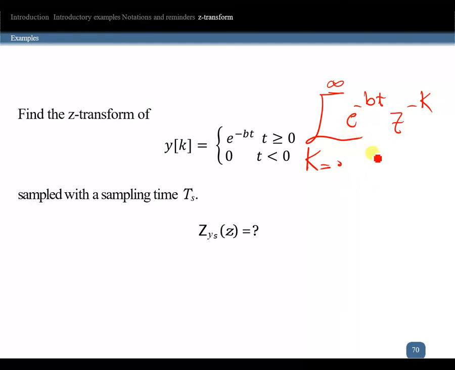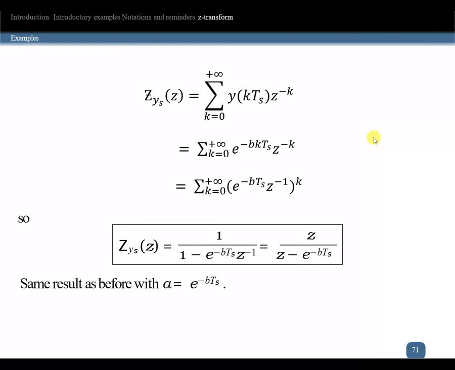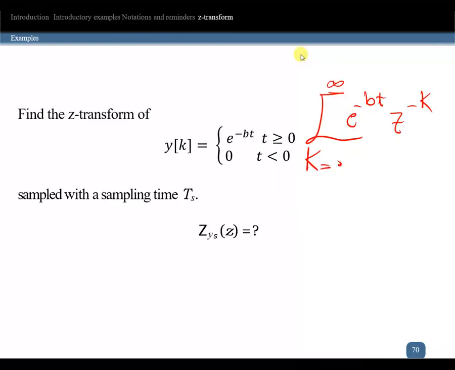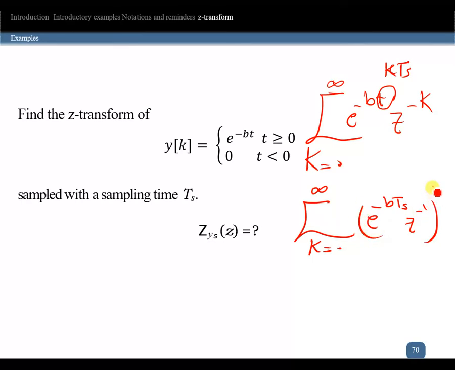Okay, here they have some explanation. I will explain here. For the t, you must replace it by kTs. Here I replace it by kTs. Then rearrange it as the sum from k equals 0 to infinity of (e^(-bTs) z^-1)^k.